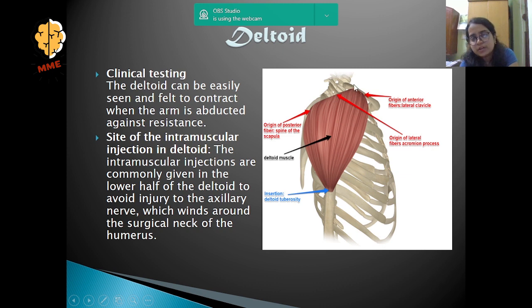So here you can see it takes origin in this subcutaneous bony arch from basically these three sides. Origin of the anterior fibers from the lateral one-third of the clavicle, origin of the middle multipinnate fibers from the acromion process, and origin of the posterior fibers from the spine of the scapula.